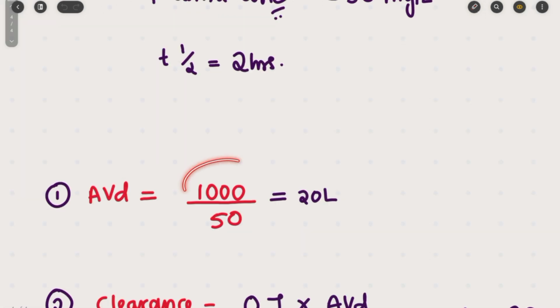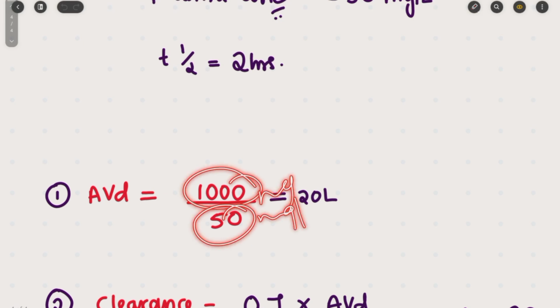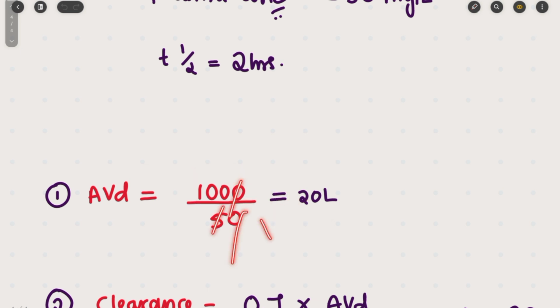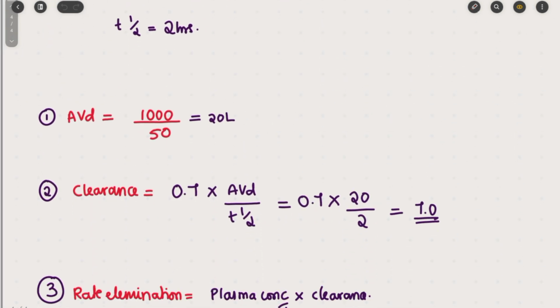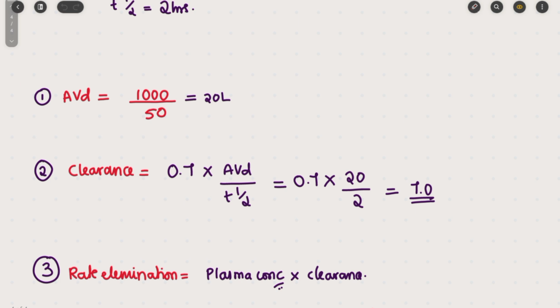That is initial concentration divided by plasma concentration. How much? 1000 mg divided by 50 mg per liter. The mg also cancels. This is 20 liter. Liter will remain, right? So 20 liter. We got the apparent volume of distribution now.